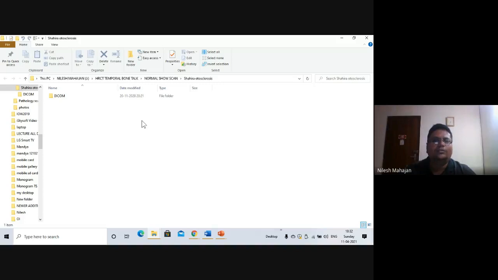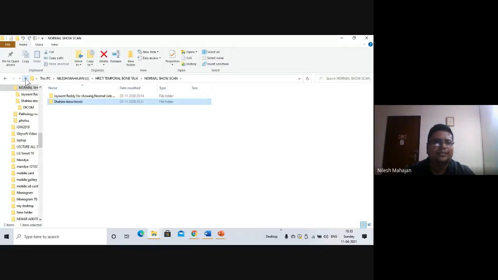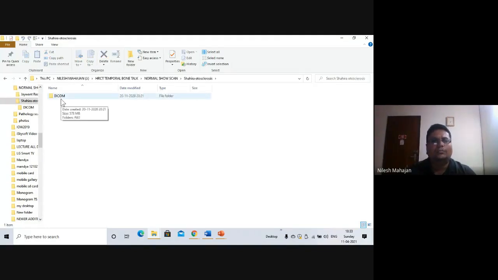Currently I'm using Radiant DICOM viewer. I have the paid version of that. Whenever you get a CD of the scan, inside the CD you will always get one folder. It will be named DICOM. Or else it may be named A, B, or, in some centers, C, some single letter they will denote that folder with.